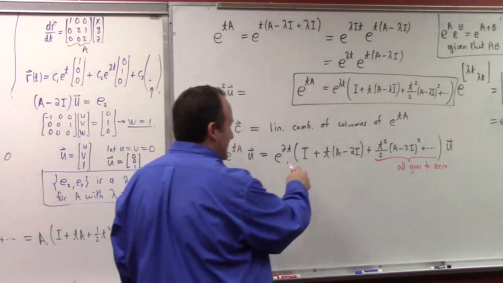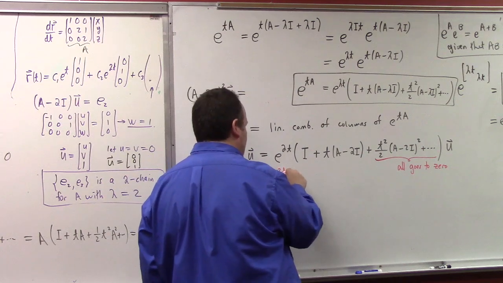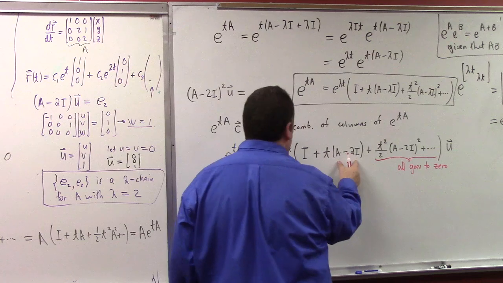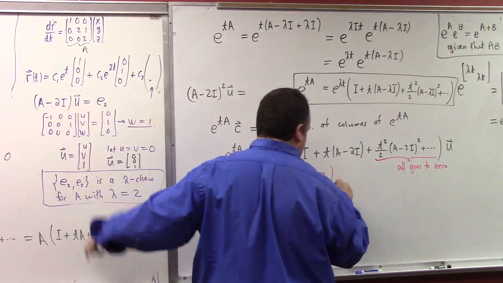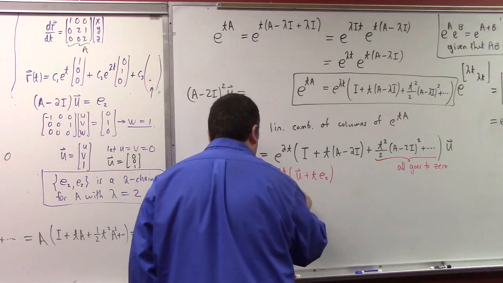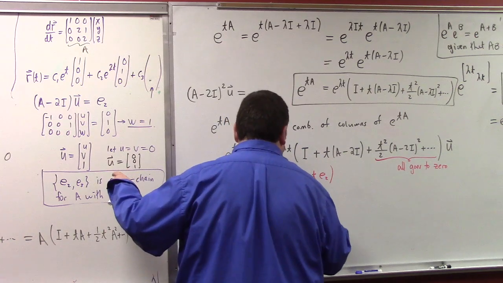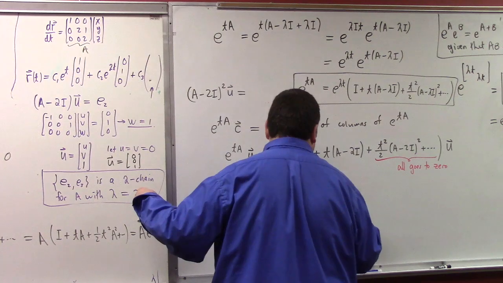And so you're just left with these two terms, right? What you got then is e to the 2t times the u vector plus t times (A minus 2I) times u, which is equal to e2. So explicitly, this is e to the 2t times the vector u, which was 0, 0, 1, and then we've got t times 0, 1, 0.